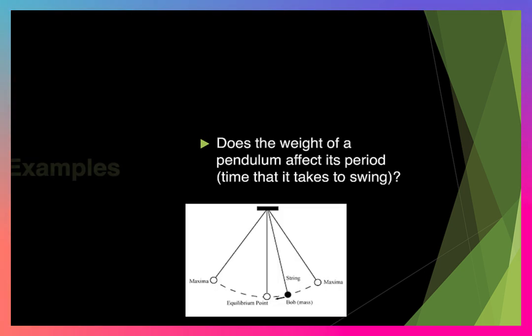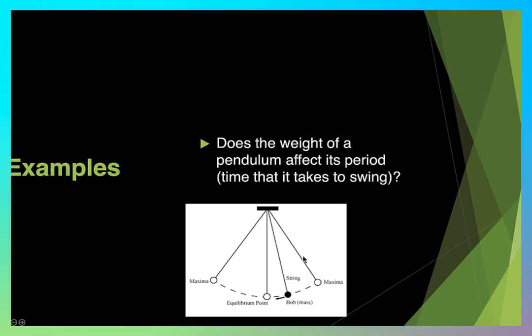A second example is, does the weight of a pendulum, or mass of the pendulum, the mass of this swinging object known as the bob, impact its period? The period is the time it takes the pendulum to swing through one complete swing. So from maxima here through to maxima here and then back to here.